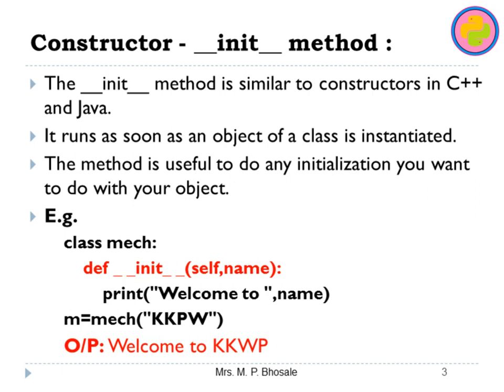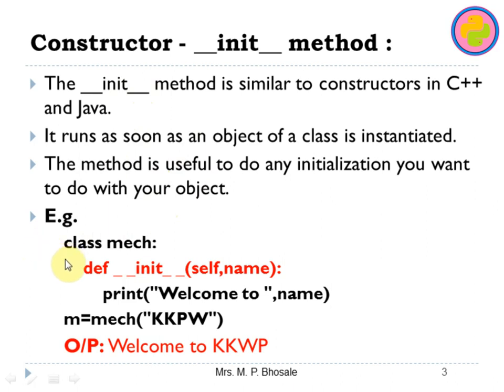The method is useful to do any initialization you want to do with your object. So this is all about the constructor, and in Python we always use this init method with starting and ending double underscore. This is also a special method as it is the constructor.